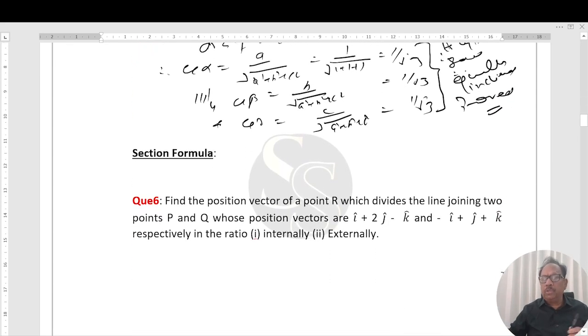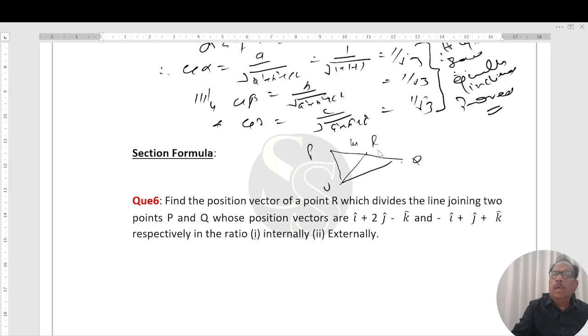Now let's start the next question. The question is based on the section formula. What is the section formula? Suppose two points are given to you, P and Q. The other point is O, and this is point R, which divides in the ratio m is to n. Then there are two types of division.